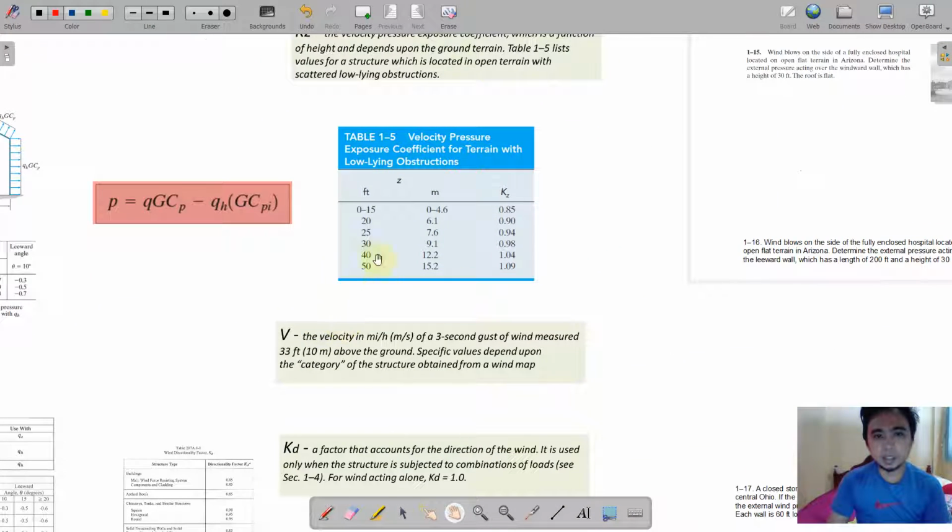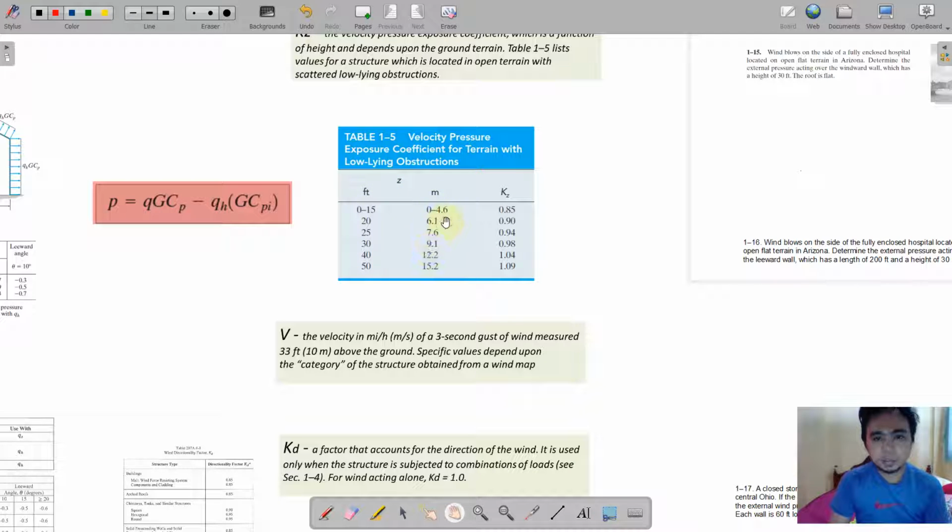Okay, so here it is. As we can see, there are certain ranges of Z. What is Z? Z is measured from the ground up to the height concerned, or the height of your structure. Okay? So Z has a range of values in terms of feet and meters.